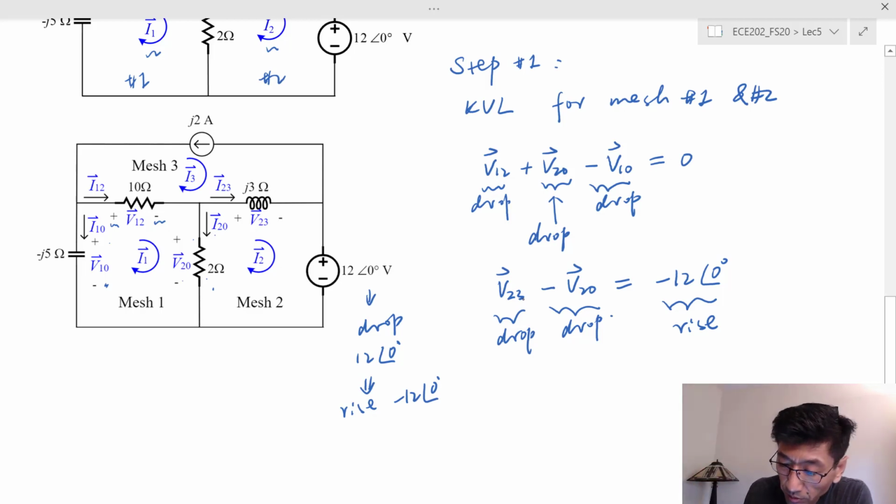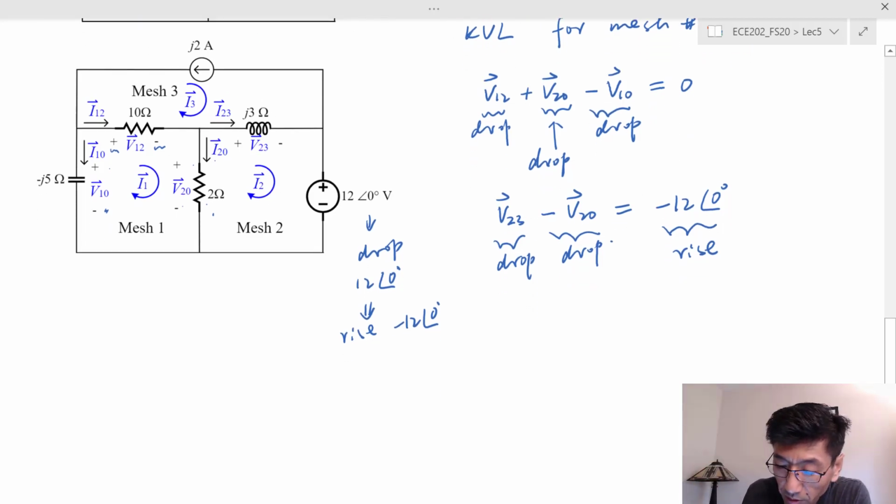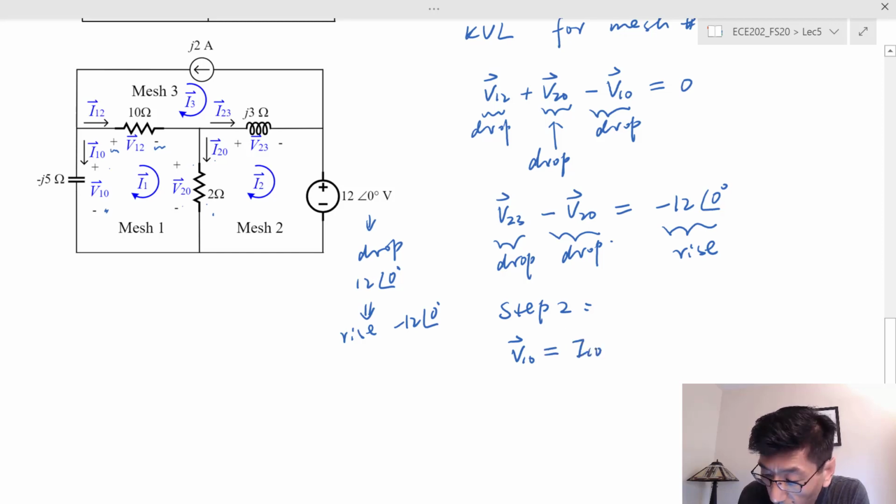At step 2, we need to write the element constraints, just as we did before. I'm not going to write all of them, maybe a couple of them, and you get the idea. Let's see the element equation, V sub 1, 0. This voltage is equal to I1, 0 times the impedance, negative J5.